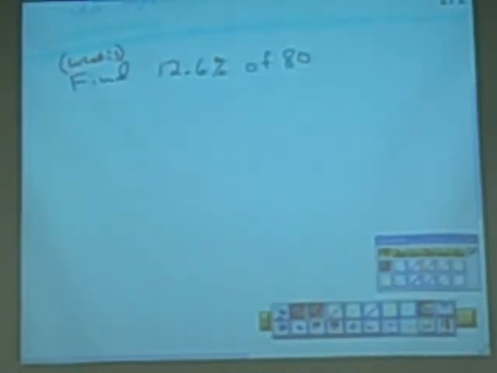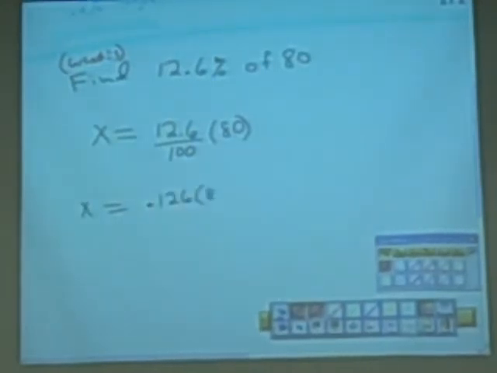So when we say what is, we're going to put x equals. And then this would be 12.6 over 100 of means times 80. So now we can change this 12.6 to 100 divided by 12.6 is 0.126 times 80.